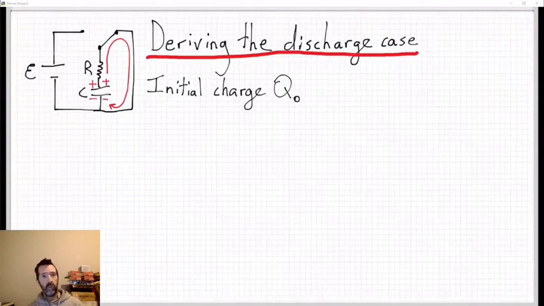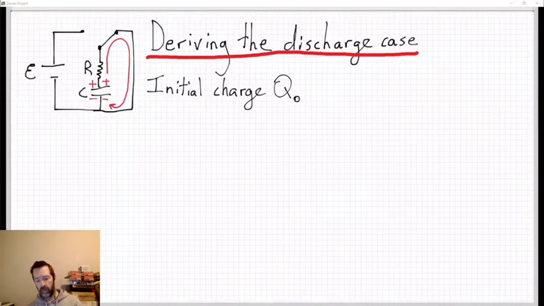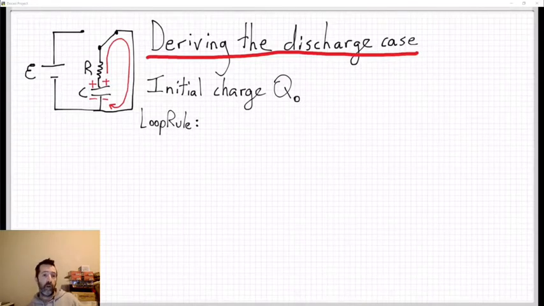So the way to come up with those exponential functions is to write a Kirchhoff's loop rule. And the loop that I'm going to use is the same red arrow that I just drew, basically. So I'm going to go in the direction of the current. And there's only two objects in the loop.